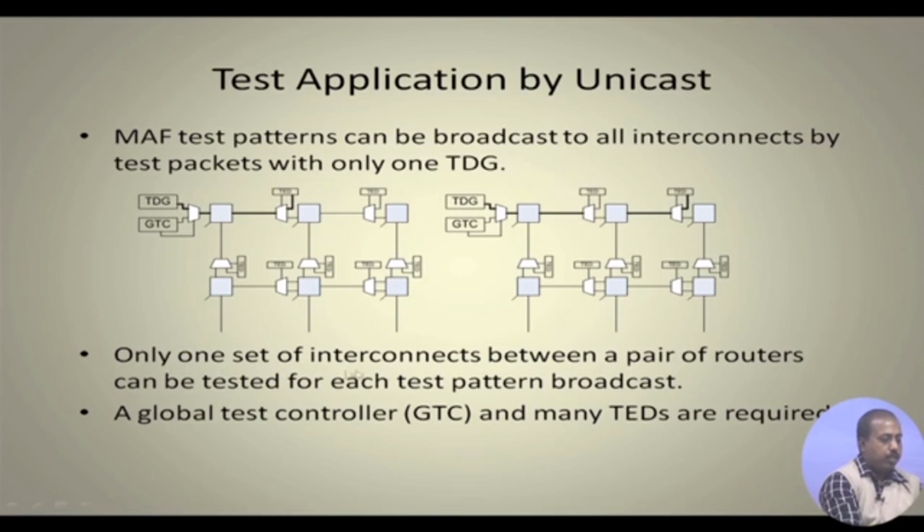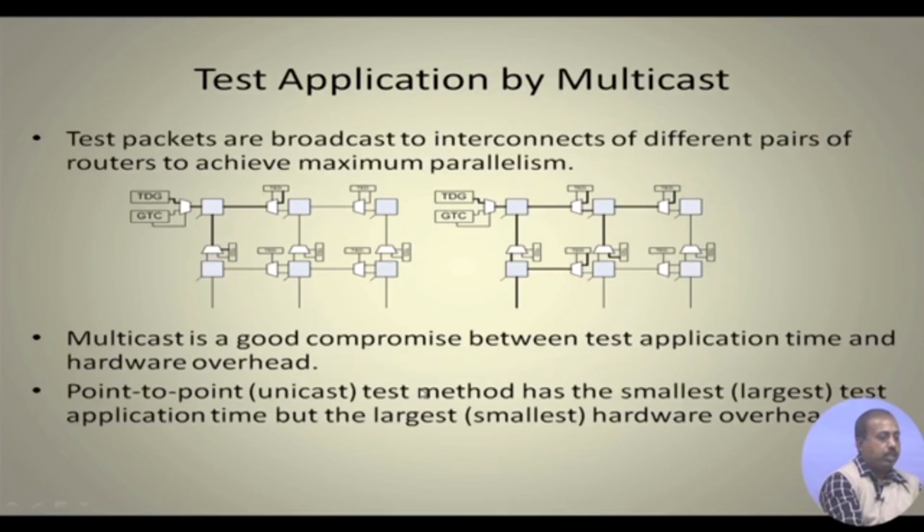So only one set of interconnects between a pair of routers can be tested for each test pattern that is broadcast. After this one is assumed to be okay, it will test the next one. That way one set of interconnects is tested at a time, and a global test controller and many TEDs, the test error detectors, are required.